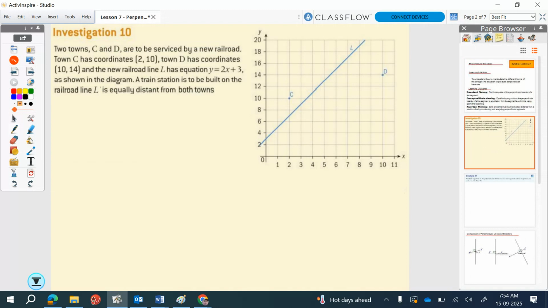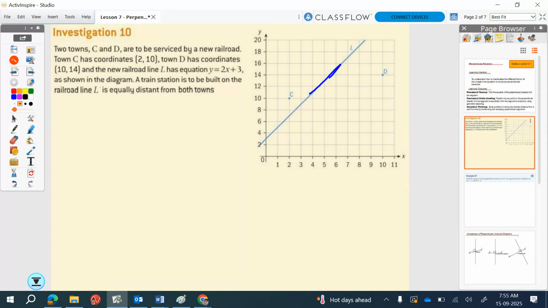So a train station is to be built on the line, which has to be equally distant from both towns. So we have to figure out how we're going to do that. How do we place a point on this line somewhere so that it is equal from both sides?